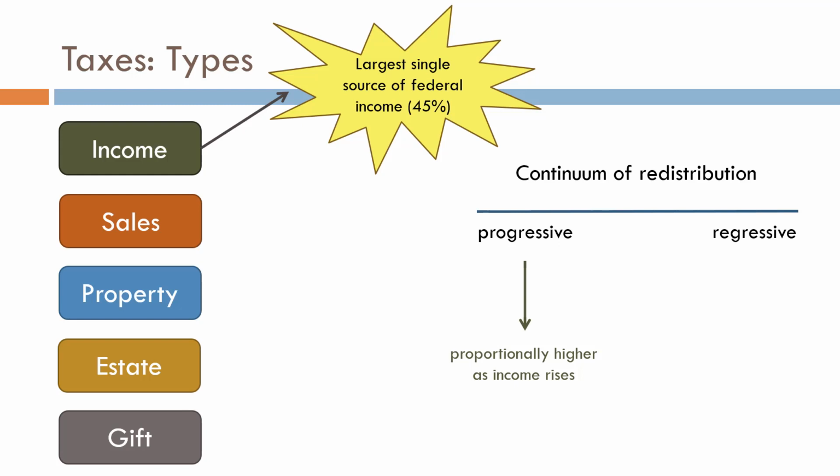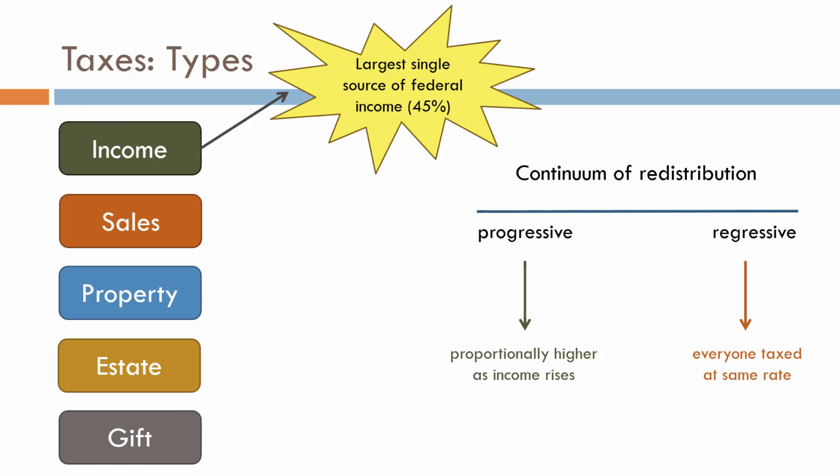When it comes to regressive taxes, like for example sales tax, these are taxes where everyone is taxed at the same rate. So it's not based on any sort of income. People who are impoverished pay the same exact tax as those who are wealthy.